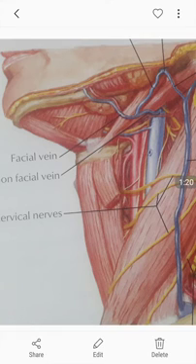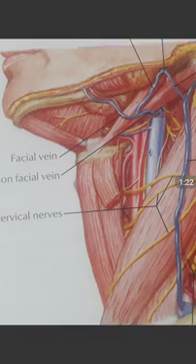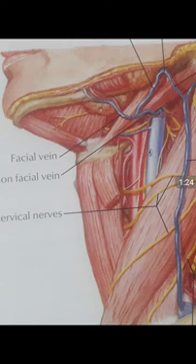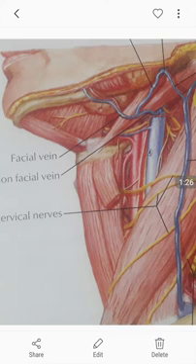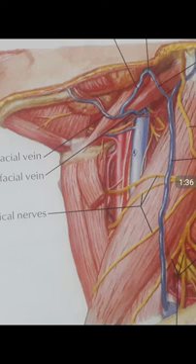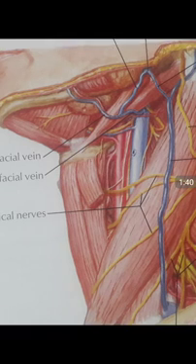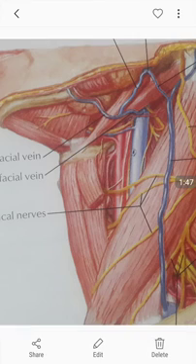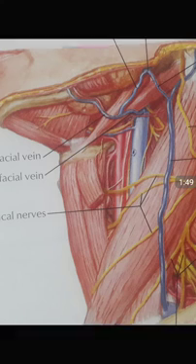And in this area we have the facial artery and facial vein. These two structures are also contents of the submandibular triangle. And this is the hypoglossal nerve. It is also present in the triangle. And this is the mylohyoid nerve.